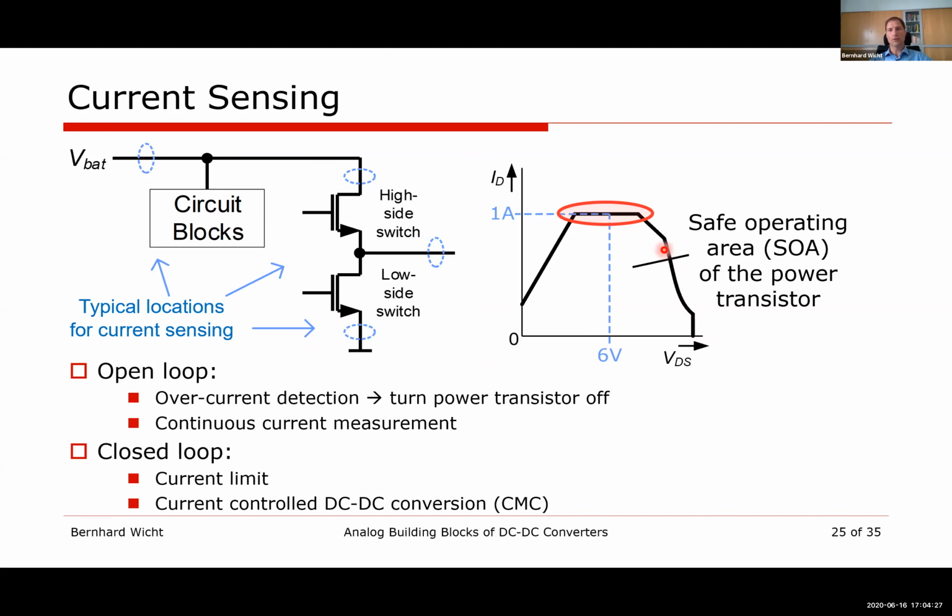So of course, we know that if our drain source voltage is still large, then we don't want to have large current at the same time. So we need to watch that. The second point is we can use current sensing in closed loop operation, for instance, in the current mode control in DC-DC converters, as we just talked about briefly.